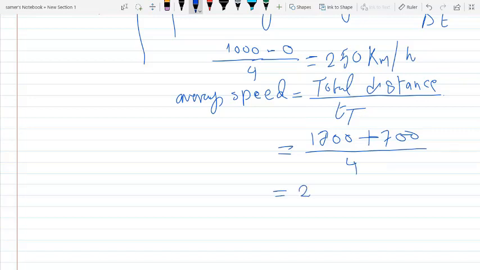So 2,400 over 4 equals 600 kilometers per hour.